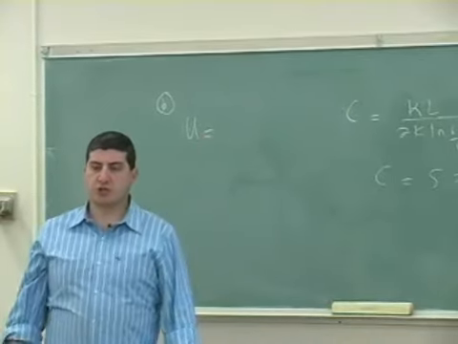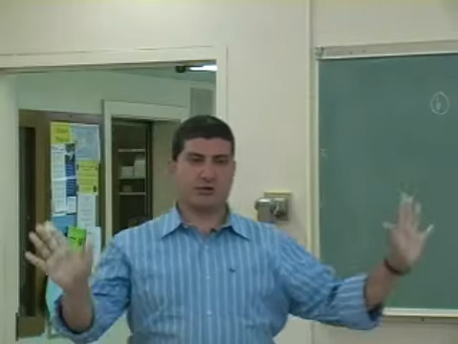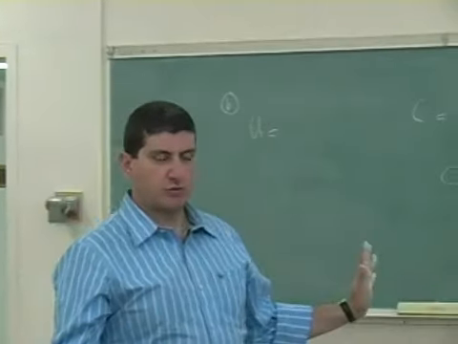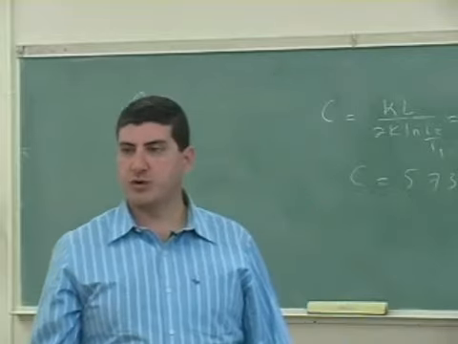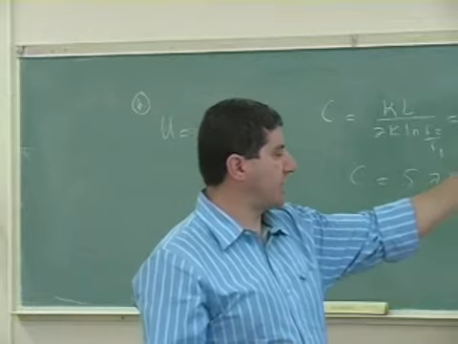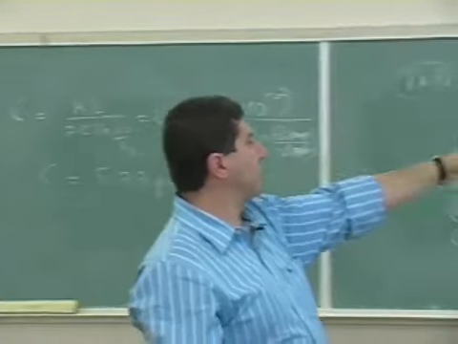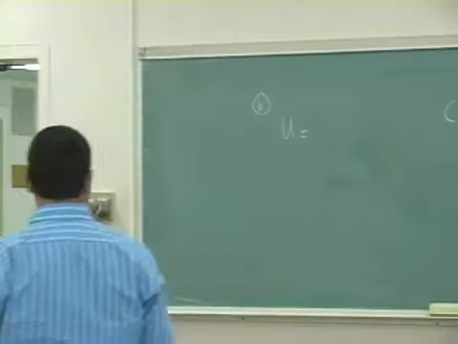Now, which formula should I use? Let's do B before I do C. So let's say I don't know Q. Well, I know that it's hooked up to a 9-volt battery, so let me use the what? Q squared over 2C, half CV squared, half QV. So the one that doesn't have the Q is half CV squared, right? So then use that.